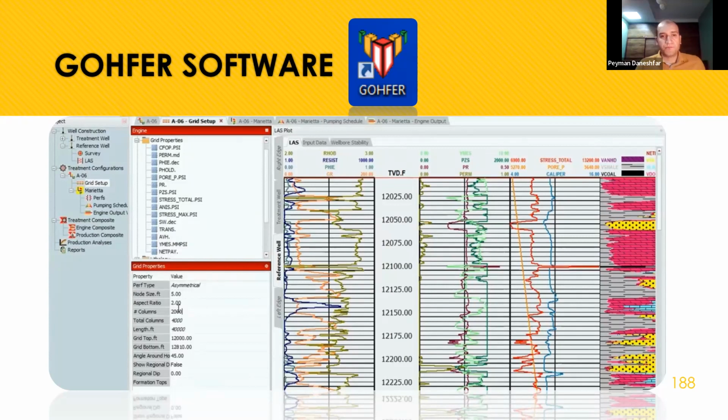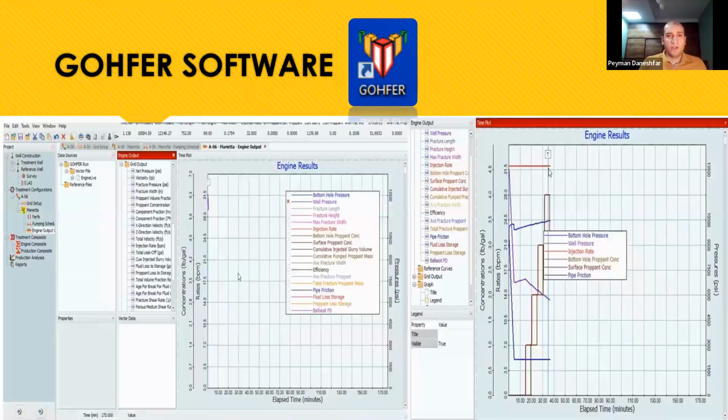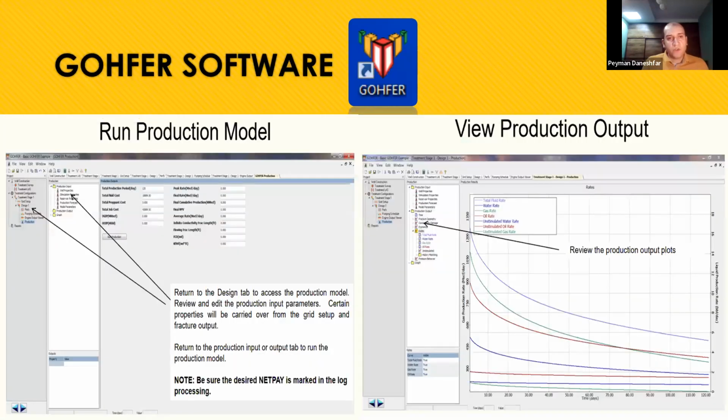Also here in the engine, you can find parameters I mentioned for bottom hole, pipe friction, fluid loss, and storage, all parameters. In a picture, you can find all parameters with a special color on each line. Then run the production model with the analysis, such as DFIT analysis, and view the production output.